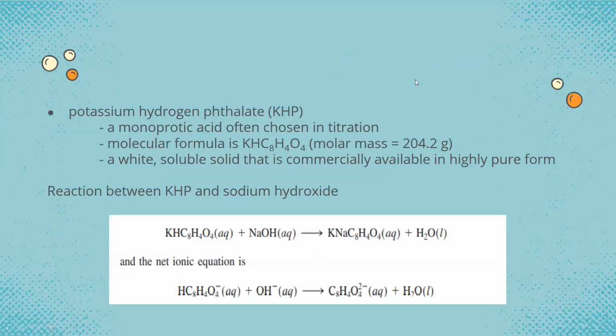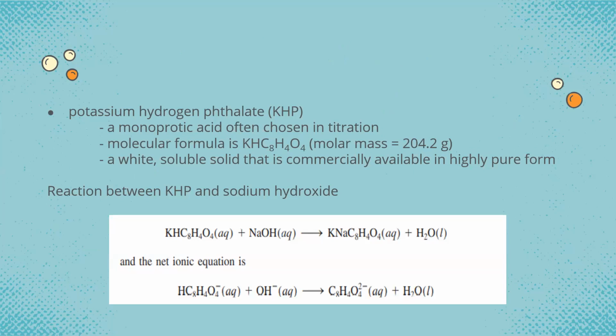Now, one type of acid that can be used in the standardization of sodium hydroxide is potassium hydrogen phthalate, or we abbreviate it as KHP. Now, this one is a monoprotic acid which is often used in titration. Monoprotic means isang hydrogen lang yung kaya niyang i-give up or maa-ionize during the chemical reaction.